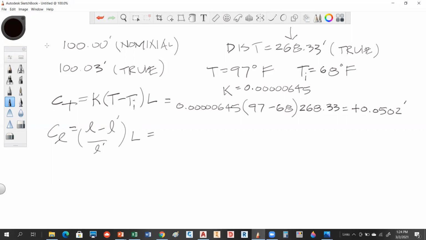So in this case, this is L prime, and this is L. So we just plug that in. And again, we're using the 268 because that's the measurement that we're required. Notice also, this is going to give me a plus correction as well. So let's see what happens.